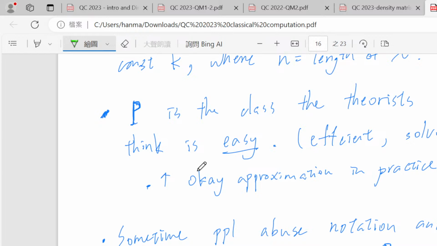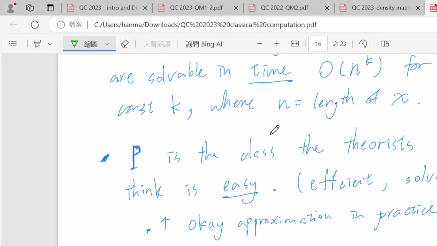Although, back to our n to the 1000 example, if this k is 1000 and your problem can be solved in n to the 1000, it's still in P, but in practice it might not be very efficient because your exponent is too large. But for theory it is efficient, and usually in practice you can find a more efficient algorithm than this.